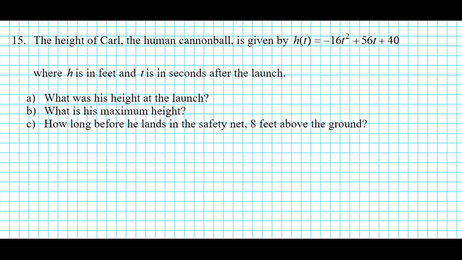Part A, what was his height at the launch? So let's figure that out. The height at the launch is the height when t equals 0, basically the time at the beginning.